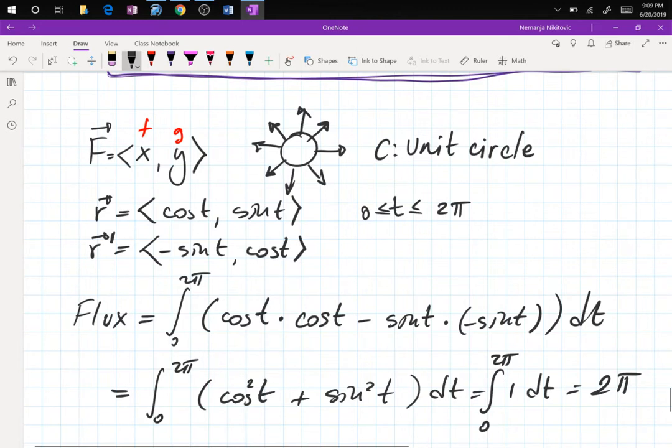It doesn't shine out. It spins. So, right, when you rotate, you don't really cover space around you. You're just in that one spot. There's nothing going out. So circulation will work on rotations, and the flux works on shining out, right? Picking up how much stuff you have perpendicular to the surface that it's being radiated out.